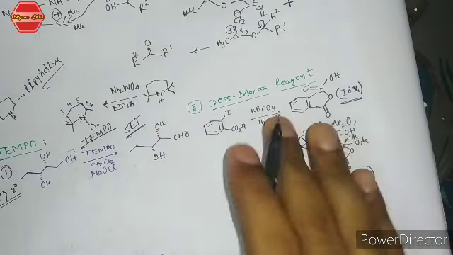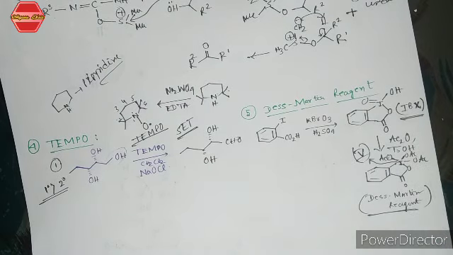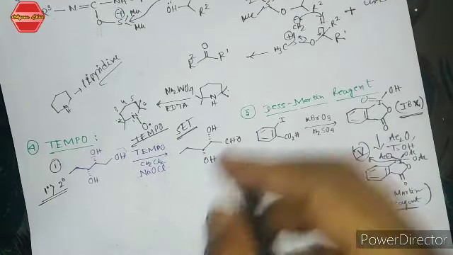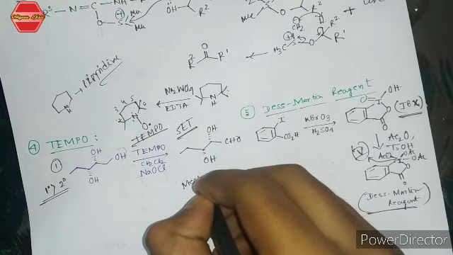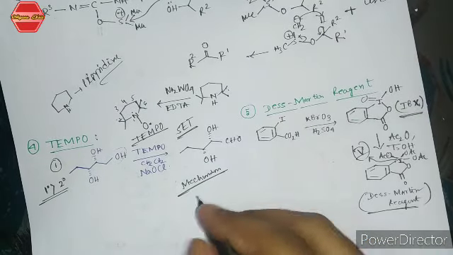Now let's have a look at how the Dess-Martin reagent oxidizes the alcohol to ketone. See the mechanism of this Dess-Martin reagent.